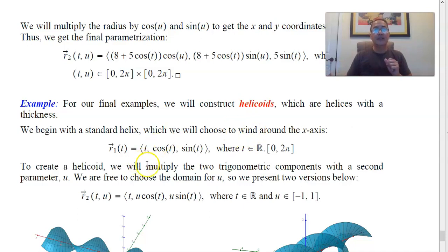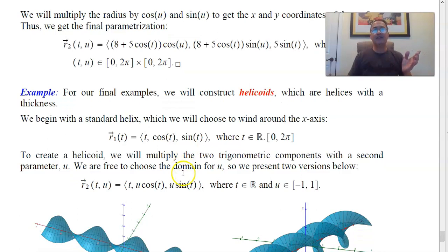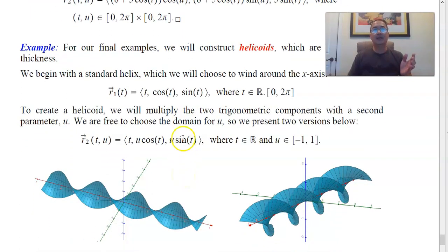This is the more or less standard helix, except to save space, I put the trig terms on the y and z, so it will spin around the x-axis rather than the y-axis. Otherwise we'd have a really tall diagram.